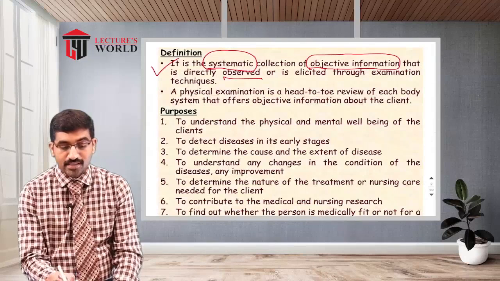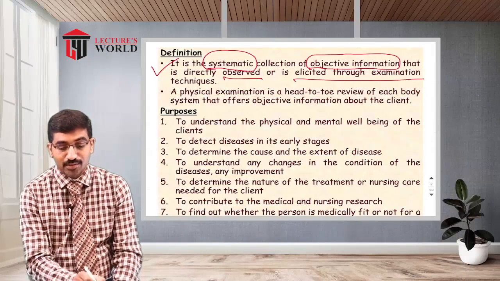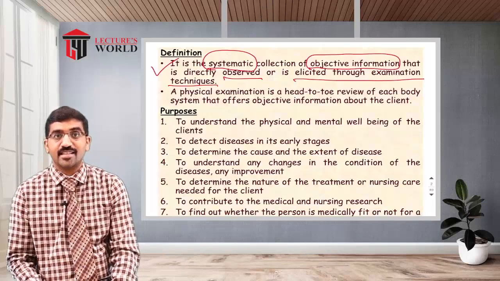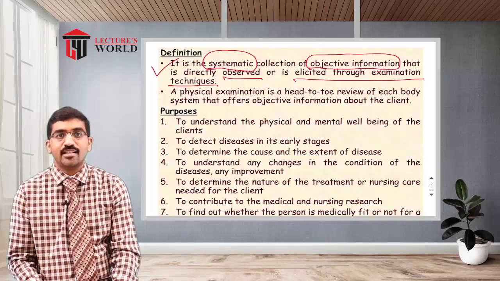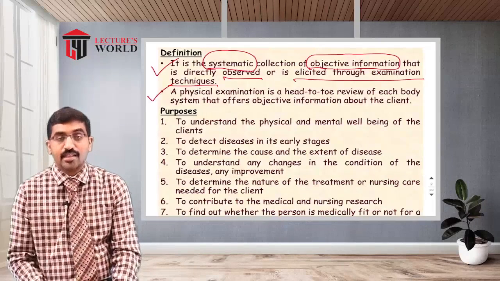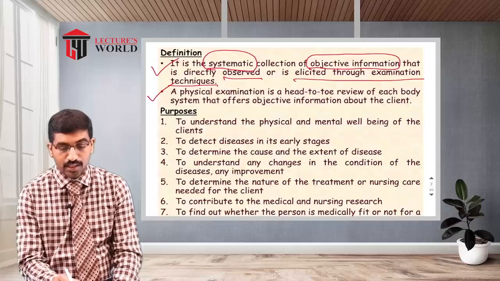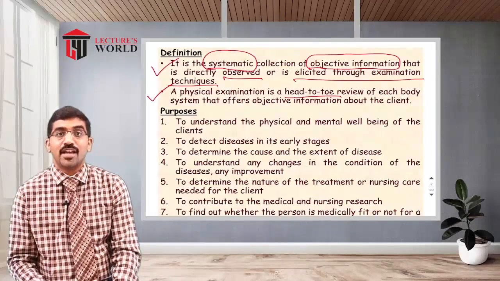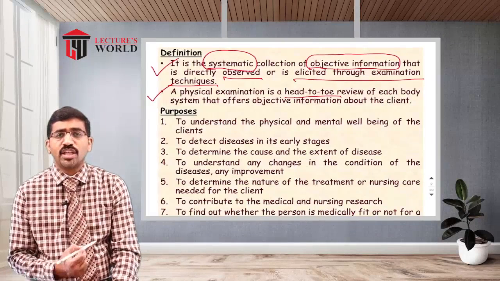Here we are going to observe or elicit it through examination techniques. Examination techniques are in the further slides. There are various techniques, and only through these techniques can we do health assessment. Another example is the head-to-toe review, from the head till your toe. We have to review the person system by system.